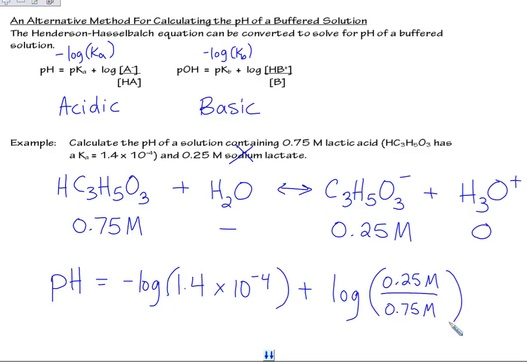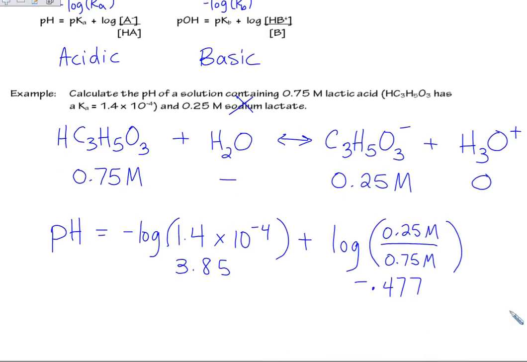There, you plug this in your calculator. If I wanted to simplify it, this ends up being about 3.85-ish. This other one ends up being about negative 0.477. And then I just plug this in my calculator.